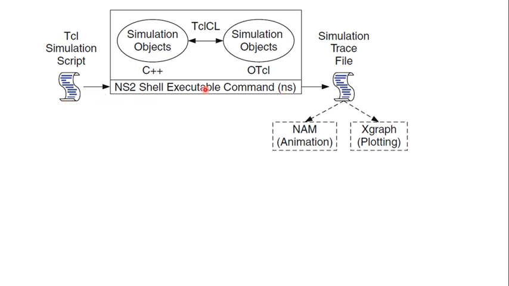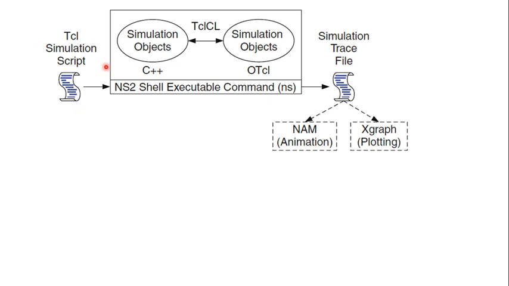When you execute it, by making use of your C++ and OTCL, which is built in with a set of objects, it produces the simulation trace file, the .tr file. Remember, the file extension for this simulation script is .tcl. And what is the command to execute? It is just ns followed by the file name .tcl.